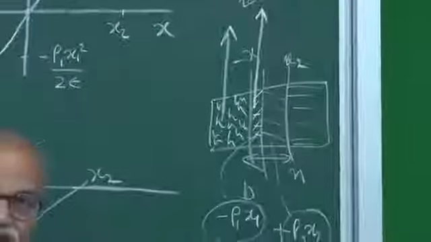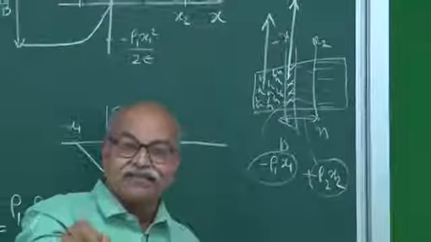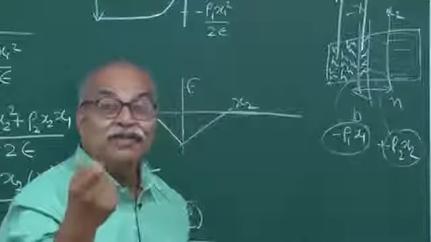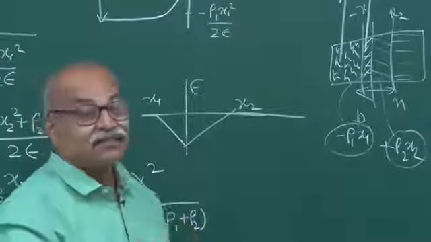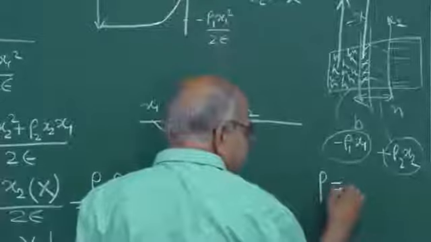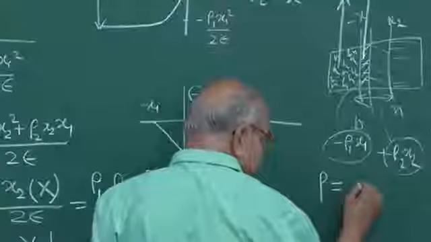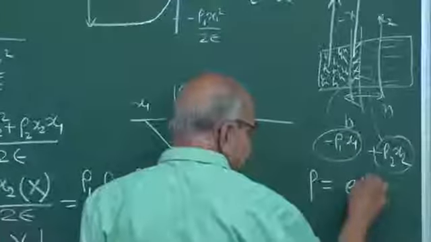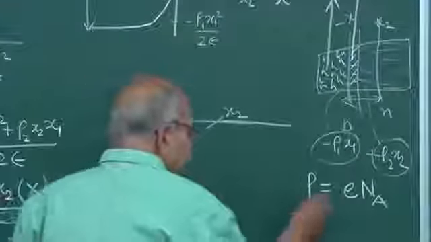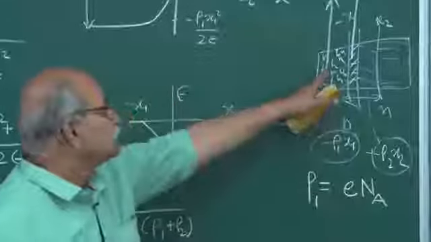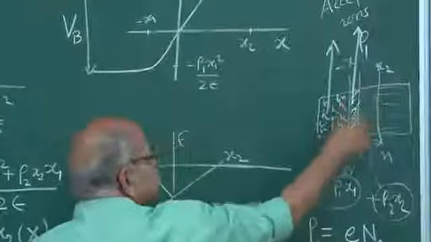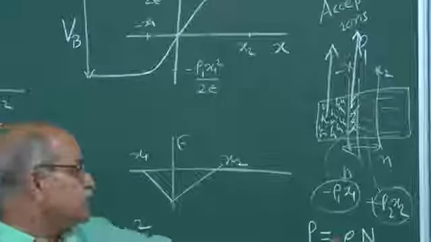So each acceptor ion which is sitting there in the depletion layer is giving you 1 unit of negative charge. So the charge density will be just E times the density of acceptor ions. So this rho 1 here, this charge density rho 1 in this region, is just E times Na.